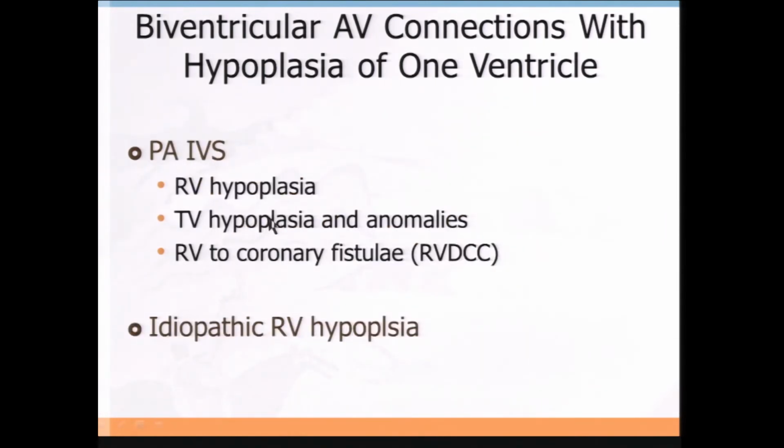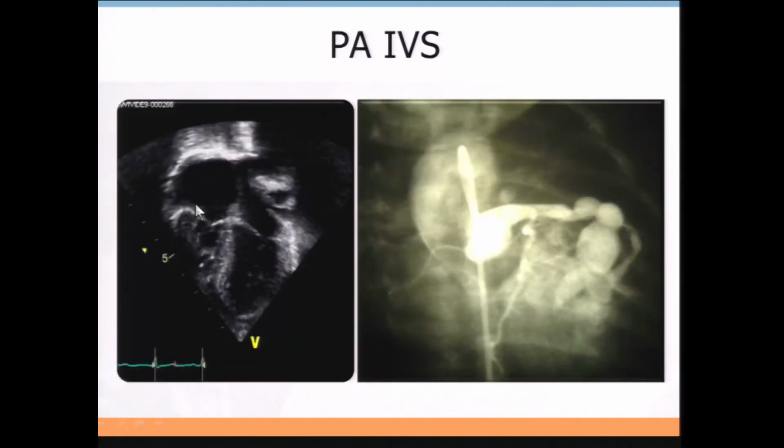So the frequent example is pulmonary atresia intact ventricular septum. In this case, RV hypoplasia is very variable and associated with tricuspid valve hypoplasia and coronary malformation. And this figure shows the good example of pulmonary atresia intact ventricular septum, very small right ventricle.